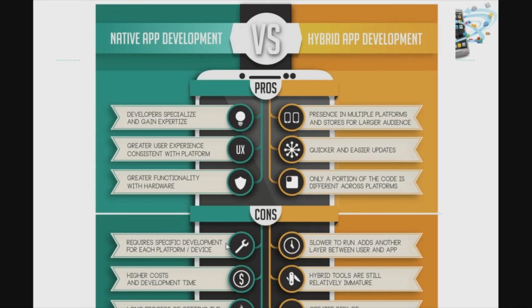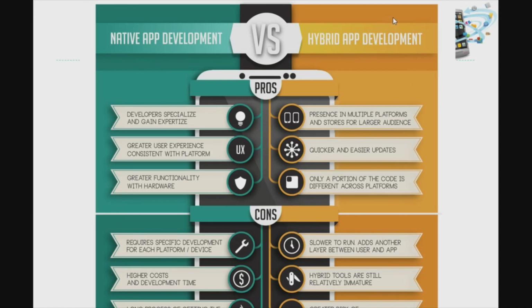Different platforms have different specific development tools. Okay, higher cost and development time because you need to develop one by one for multiple platforms. A long process of getting the application approved at the application store. It's not easy, but it can be done.